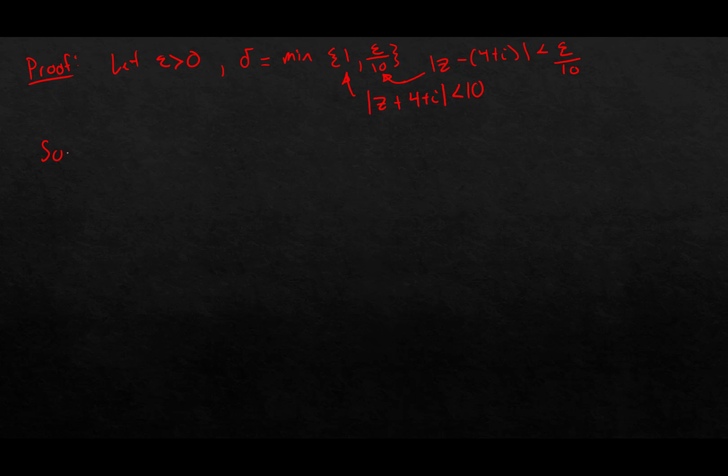So suppose that the distance between z and 4 plus I is less than delta. Okay, so again, since delta is the min of 1 and epsilon over 10, we know that delta is less than or equal to epsilon over 10, so we have the following inequality.